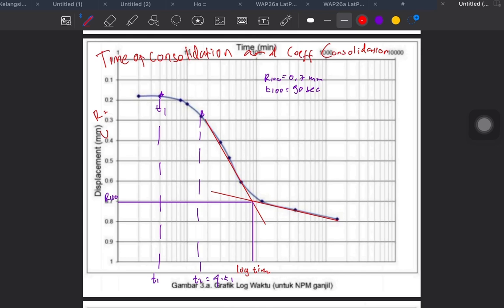And then next, you can draw the horizontal line above point A and point B, so we can get the difference between point A and point B. You can move the same distance from the T1 line to define the R0, same length.